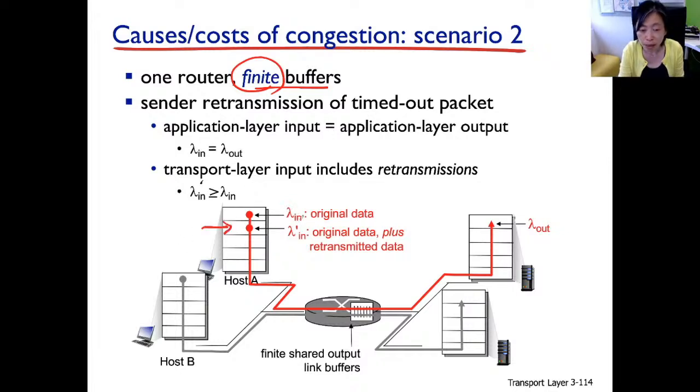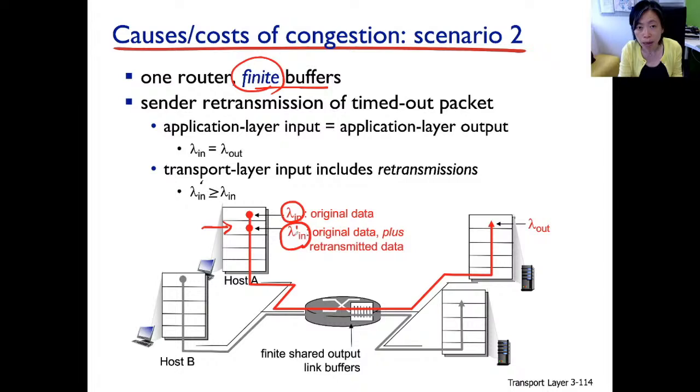So if lambda in is what the application layer process generates to send out to the network, then lambda in prime denotes the amount of data the transport layer needs to send into the network in order to complete the job.